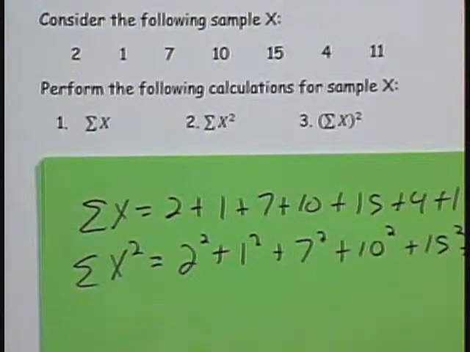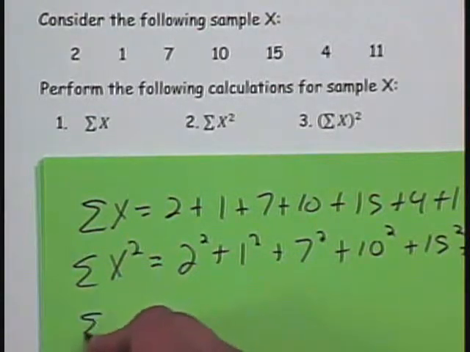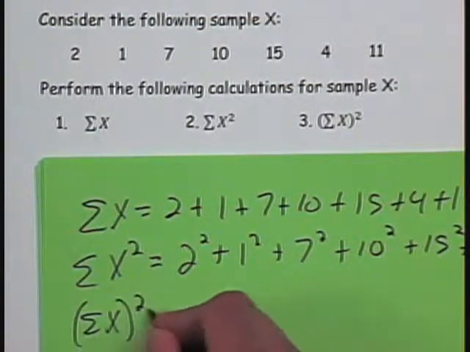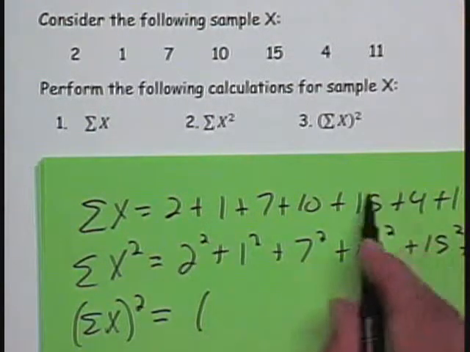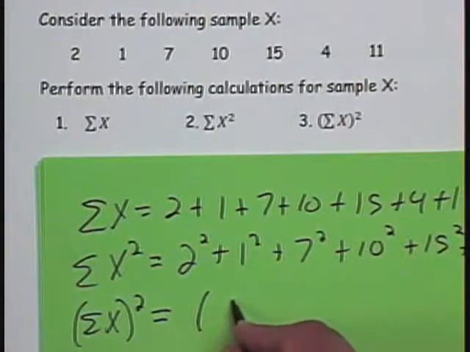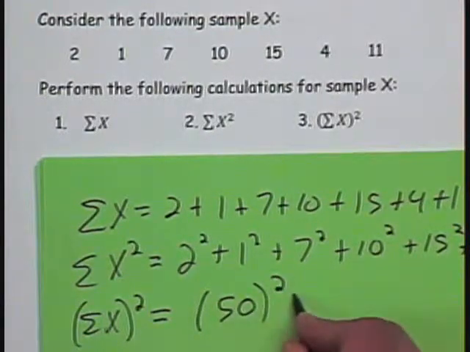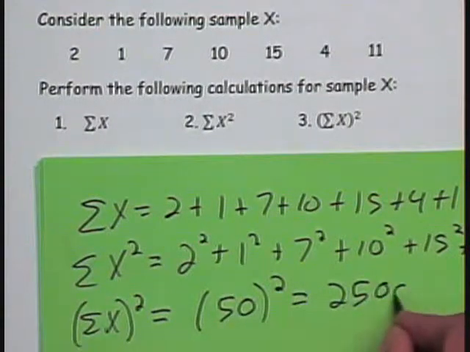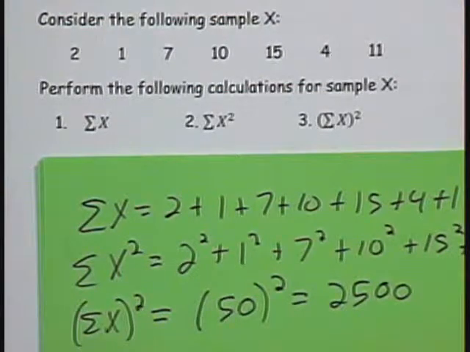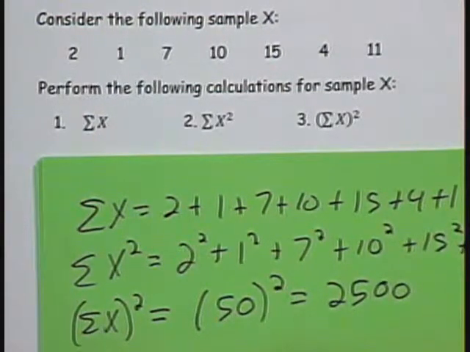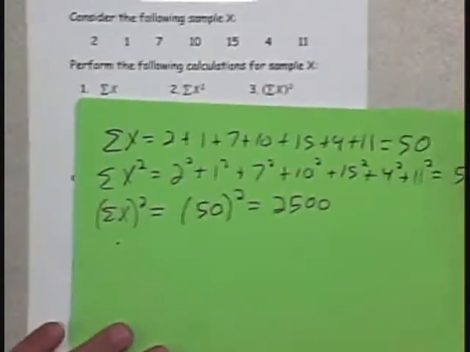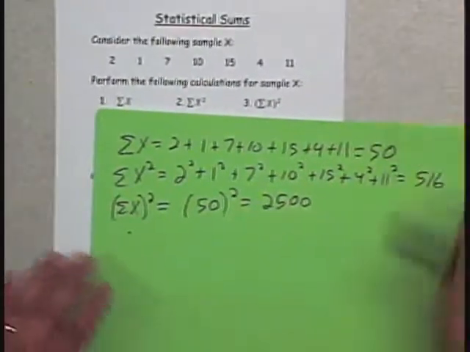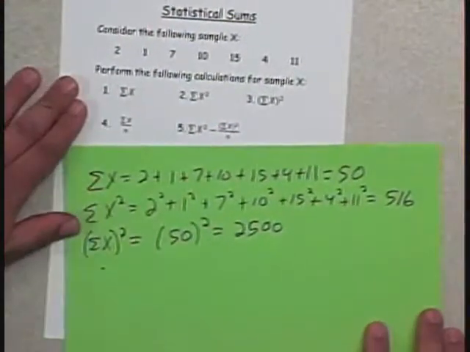And when I do that, I'm going to get 516. Now the sum of x quantity squared, this is just going to be adding these up and then squaring it. So it would be taking 50 squared, and that's 2,500. And I'm sorry, I didn't have it so you could see it. Sorry about that.